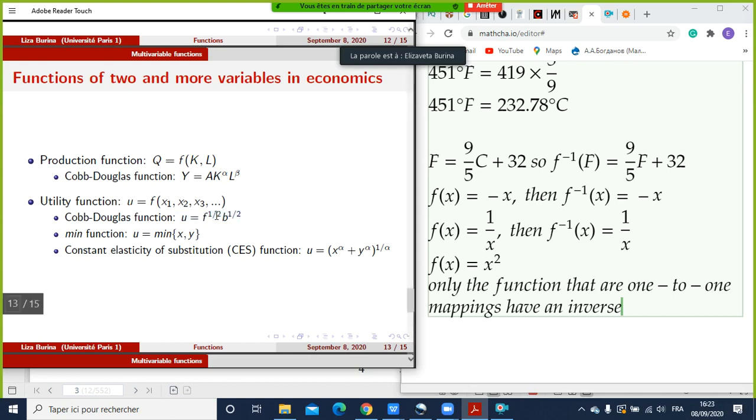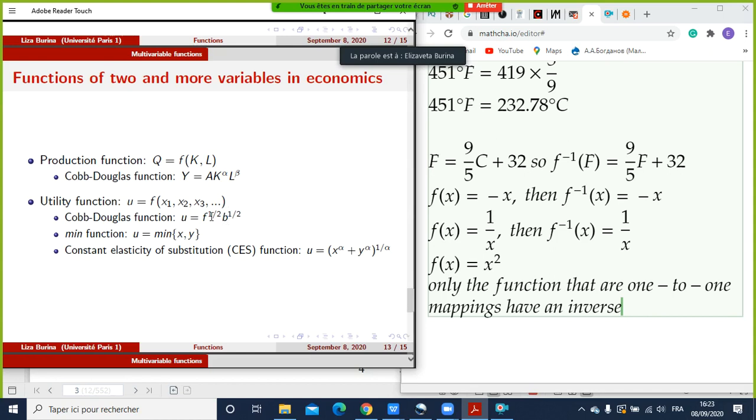His favorite utility function is the utility of a consumer who lives on Ferraris, so it's F, and baguettes, which is B. In standard economics, we usually use a two-goods utility function, and Secchi's favorite is Ferrari and baguette.